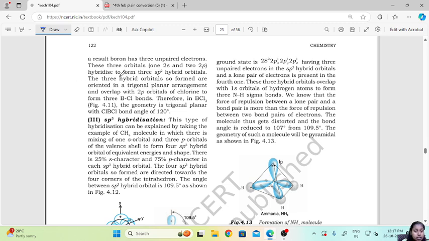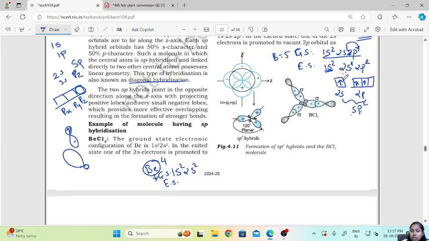Now the 3 hybrid orbitals so formed are oriented in a trigonal planar arrangement. So sp2 hybrid orbitals, in what way are they arranged geometrically? They are arranged in a trigonal planar arrangement and overlap with 2p orbitals of chlorine. Now these 3 unpaired electrons are satisfied with 3 electrons from chlorine.